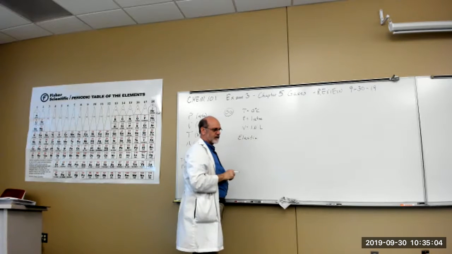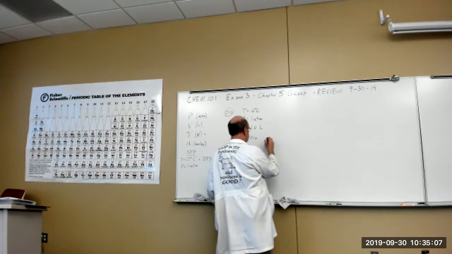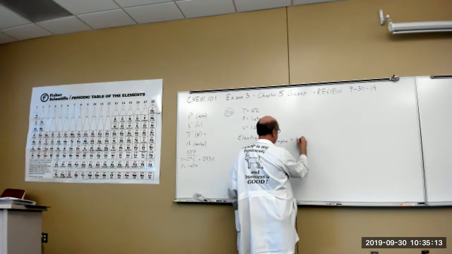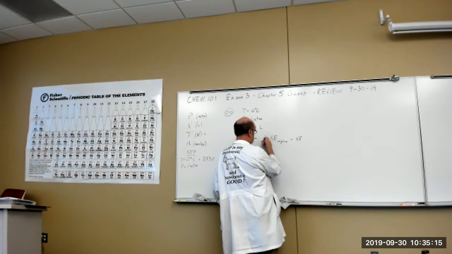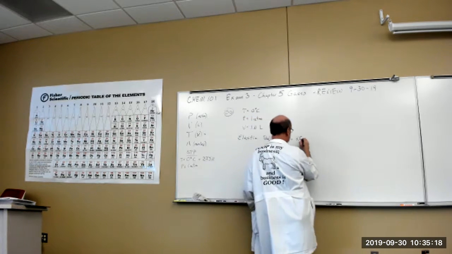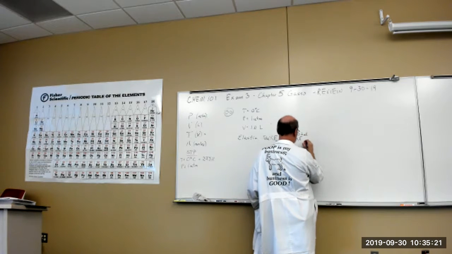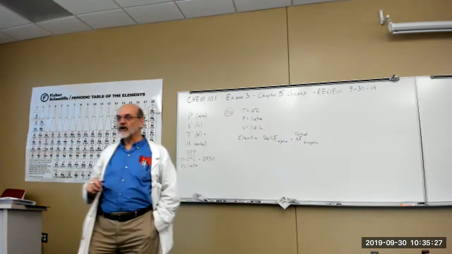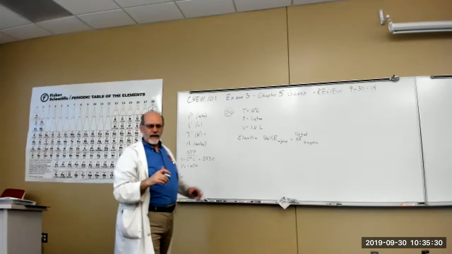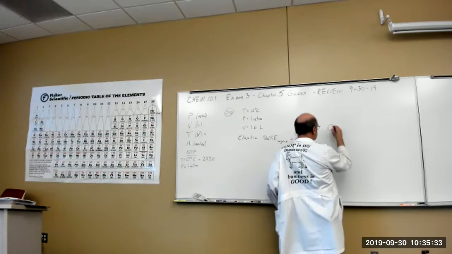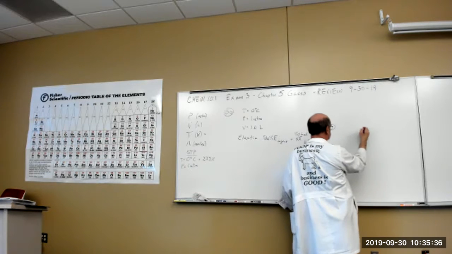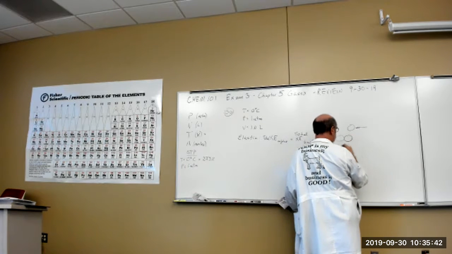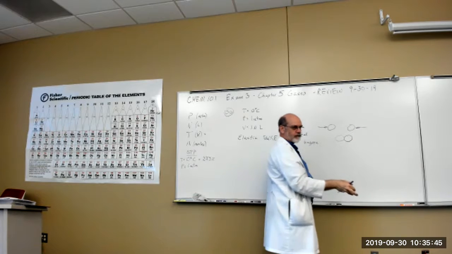An elastic collision is one in which the total kinetic energy after is equal to the total kinetic energy before the collision. Okay, there's no loss of energy. So what happens is when these two particles meet, they collide, they impact one another, they may compress and then bounce off.